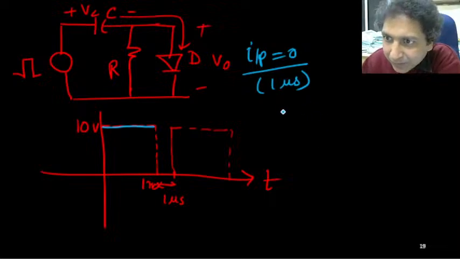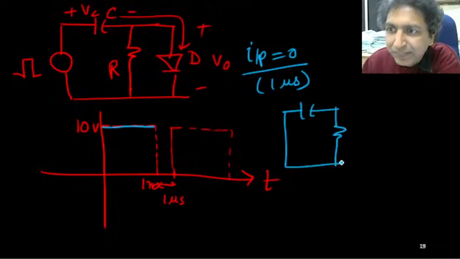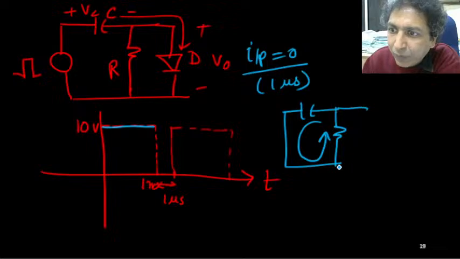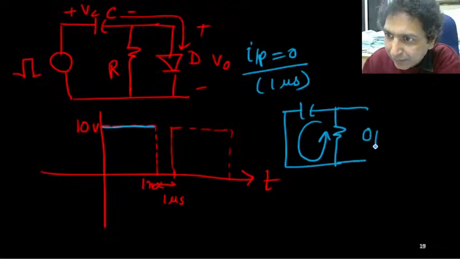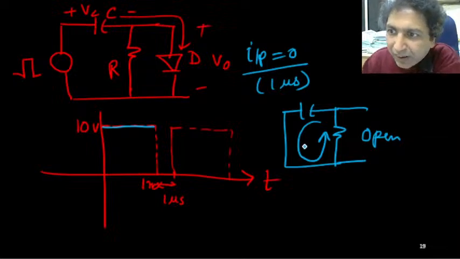I have one capacitor, input is not there, this is one resistance, so this capacitor will try to discharge in this path and diode will be open, reverse biased, right, because current cannot flow in the opposite direction.